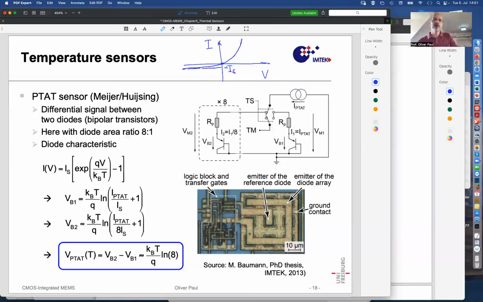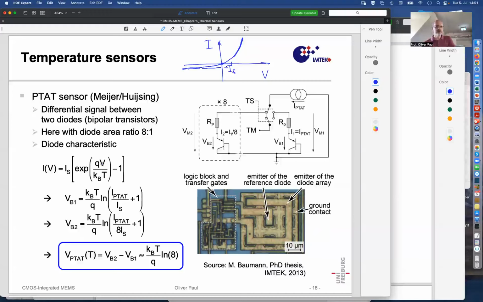And here, for large enough voltages, it's very closely approximated by an exponential curve of V, and that exponential curve depends on T, as you see here. So this can be switched around.